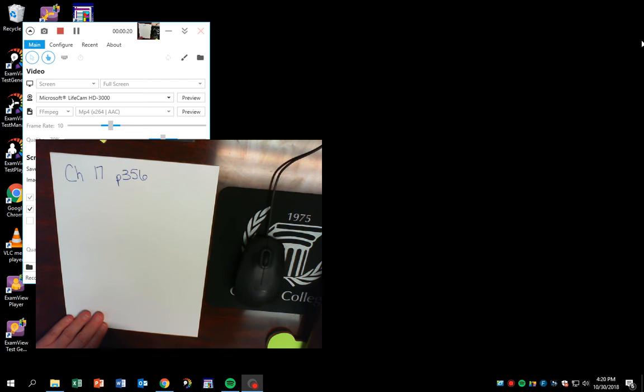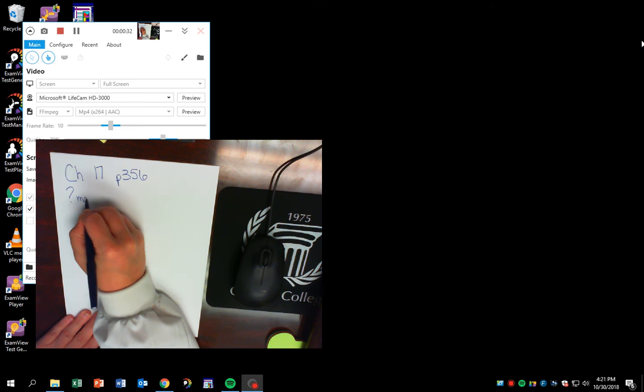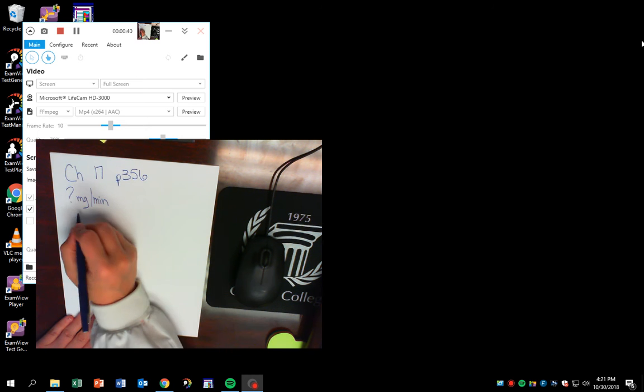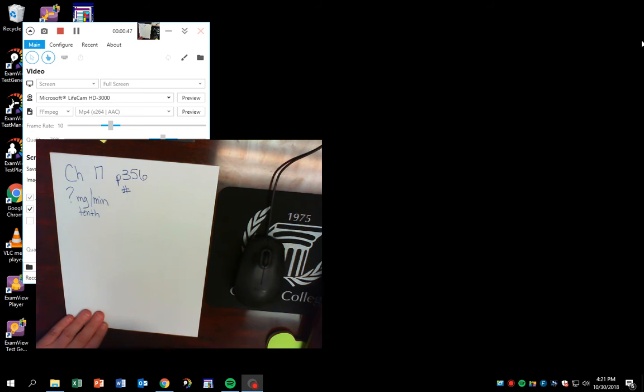So let's do number 3 on this page, and it says calculate the milligrams per minute from the milliliter flow rate. Round the answers to the nearest tenth.